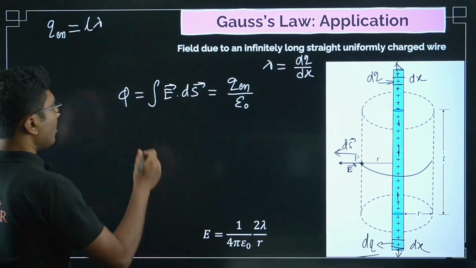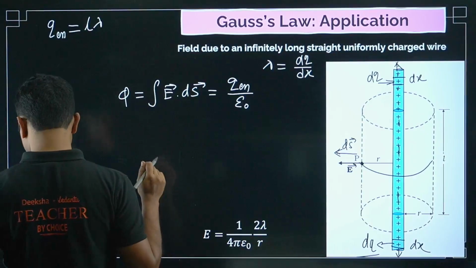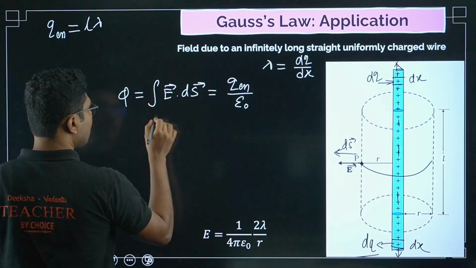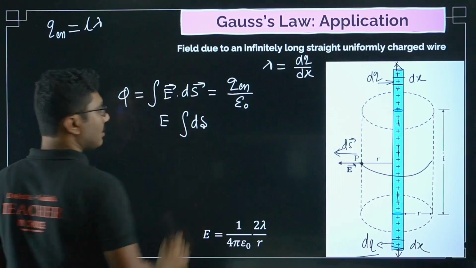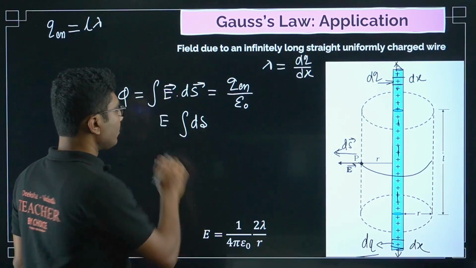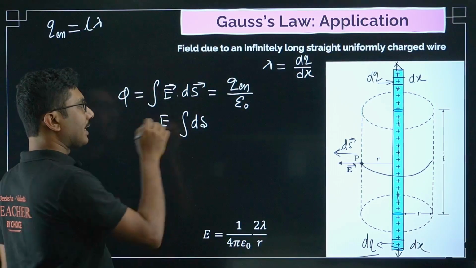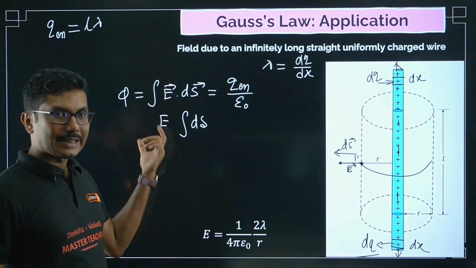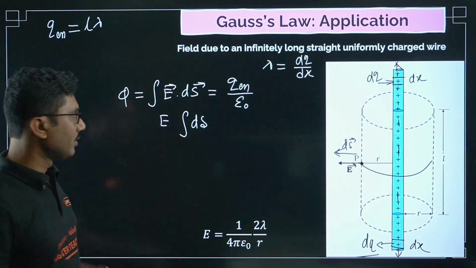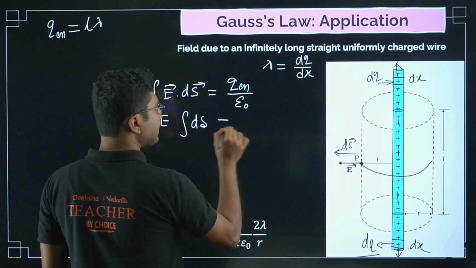So we can simply write this as E integration ds. Cos theta is 1, so the dot product is gone. Here, if you observe carefully, E does not have any vector sign, which means it is the magnitude.